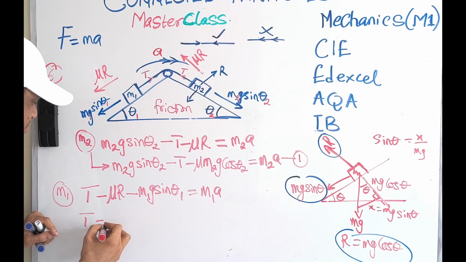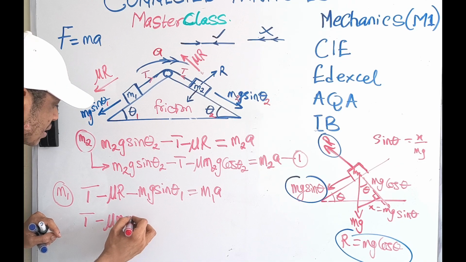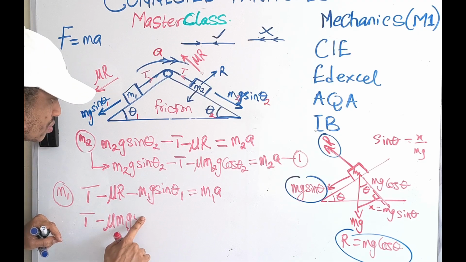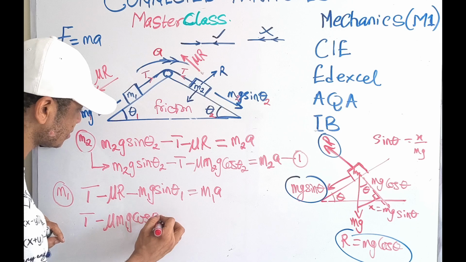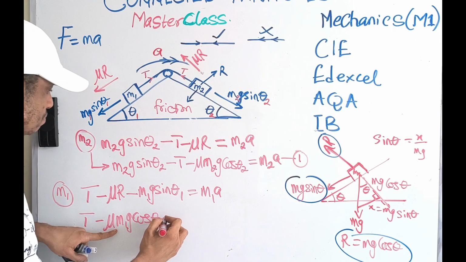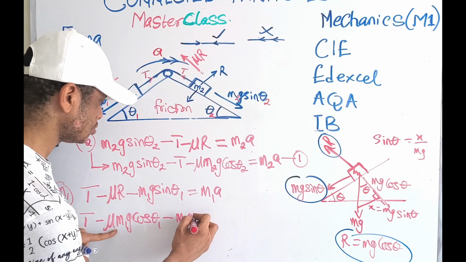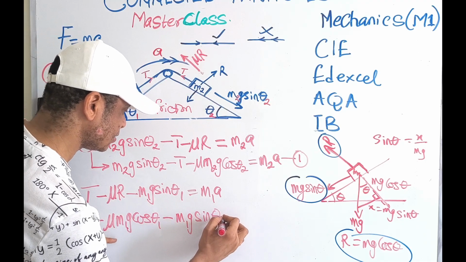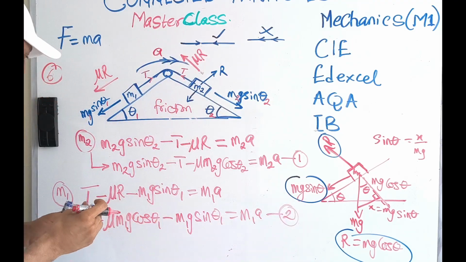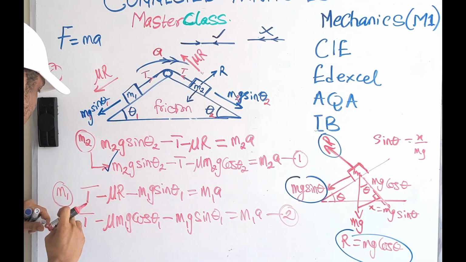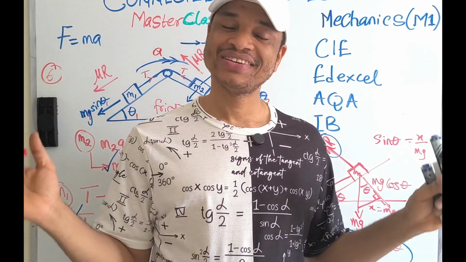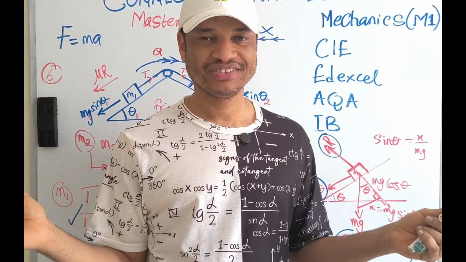So T minus mu M1g cos theta 1 minus M1g sine theta 1 equals M1a. So this is my second equation. So this and this is what I have. All you need to do now is to solve simultaneously.